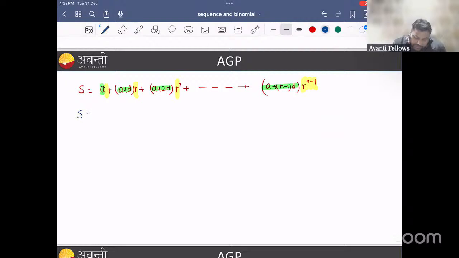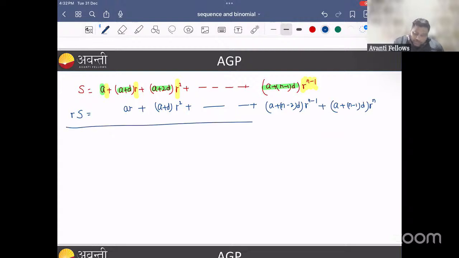Now multiply this series by R and write it again by pushing one term. So AR, A plus D into R square, and here it will be A plus N minus 2 D into R to the power N minus 1, and A plus N minus 1 into D into R to the power N. Now we subtract both of these series.